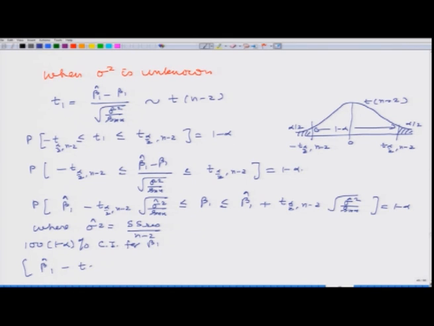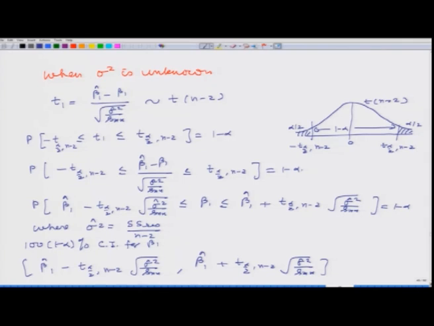an interval like this: beta 1 hat minus t alpha by 2, n minus 2 times the square root of sigma hat square over Sxx, and beta 1 hat plus t alpha by 2, n minus 2 times the square root of sigma hat square over Sxx. Right.